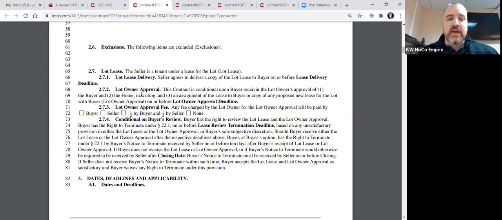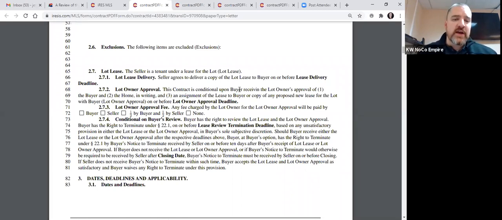There's also typically a lot owner approval because in many cases in a mobile home park, there are several things that actually have to get approved. So for one, the buyer typically has to go through a background check. Okay. Two, some mobile home or manufactured home parks have requirements with respect to the type of home that they will allow in their community. So they might say, hey, I don't take anything that's older than 1990.